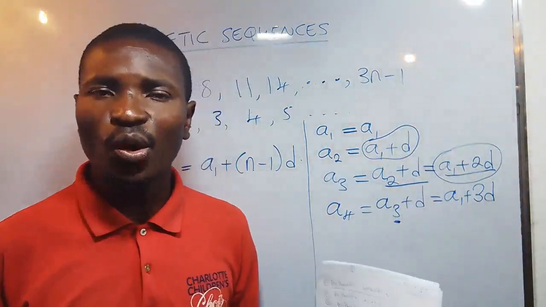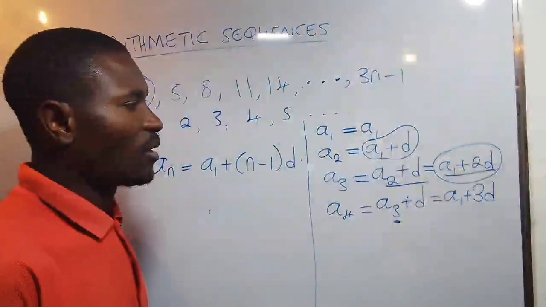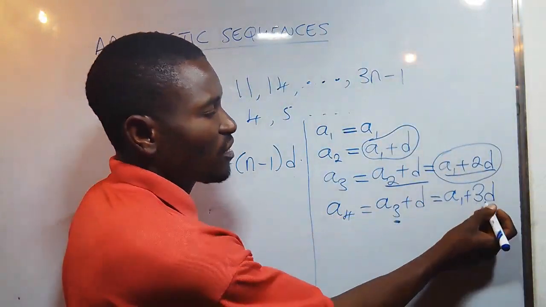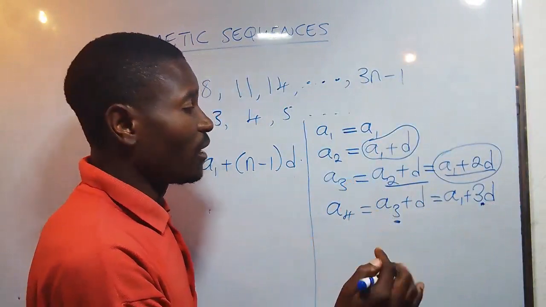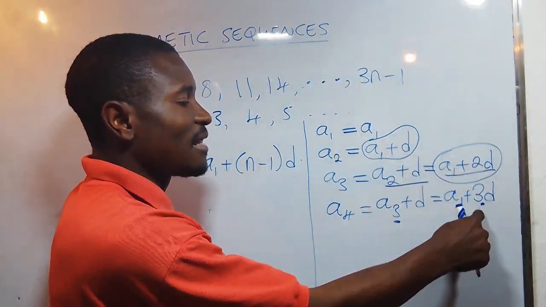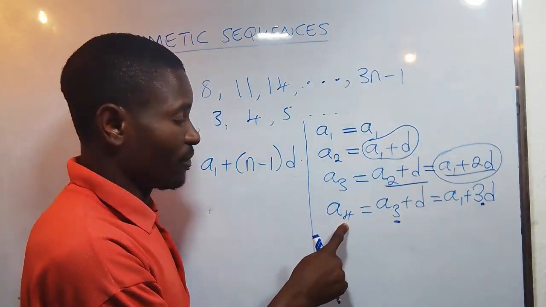So now, what is going on? What is happening is that the coefficient of D is less than the term by 1, okay.